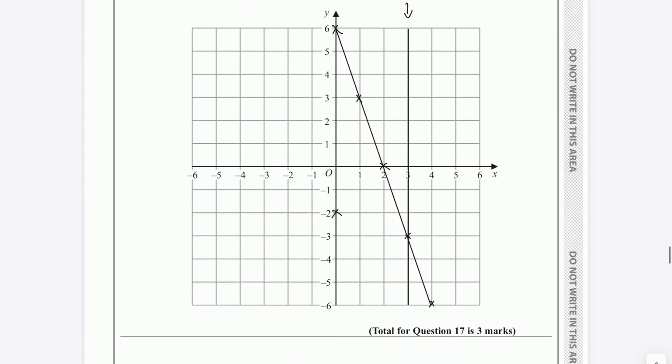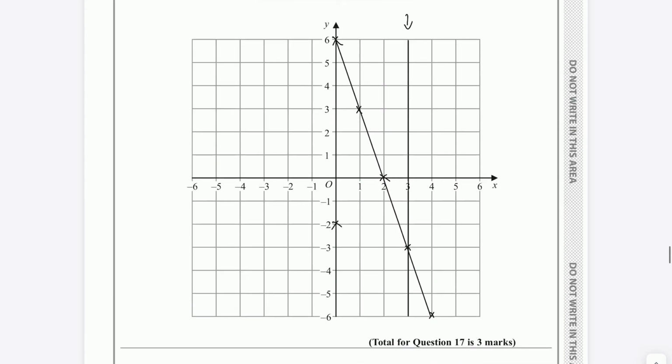So for every 1 you go across, we go a half up because it's positive. So 1 across, half up, 1 across, so if I connect them together, right, now we have that.